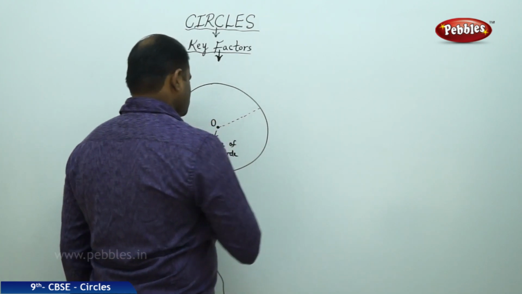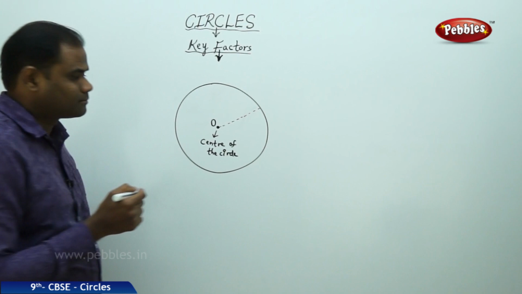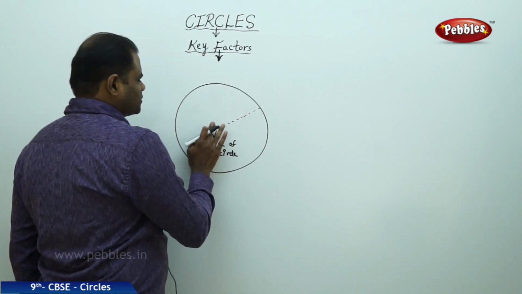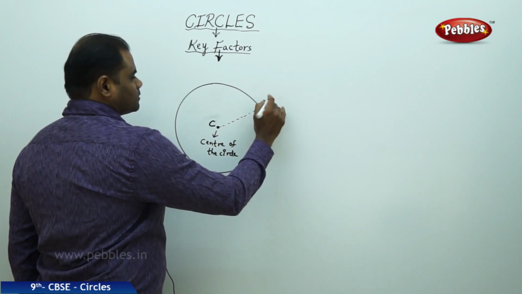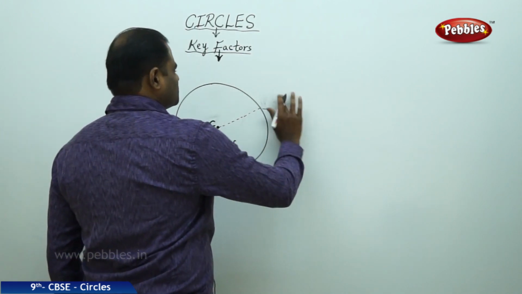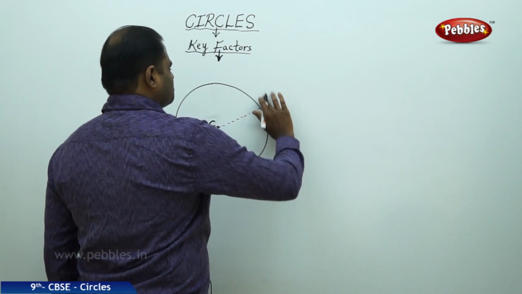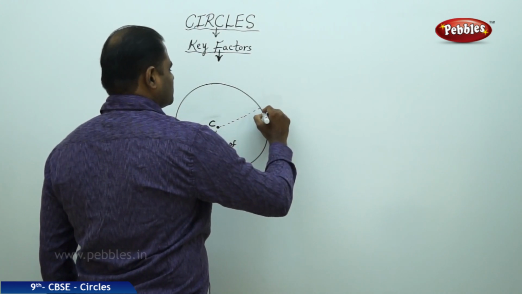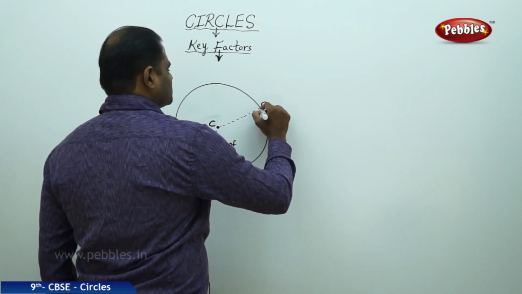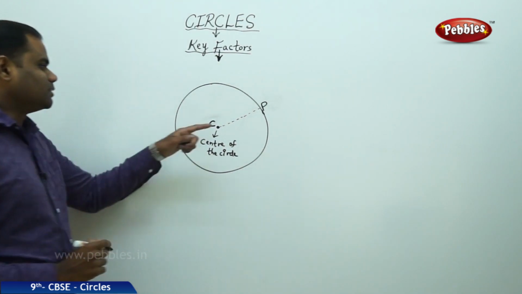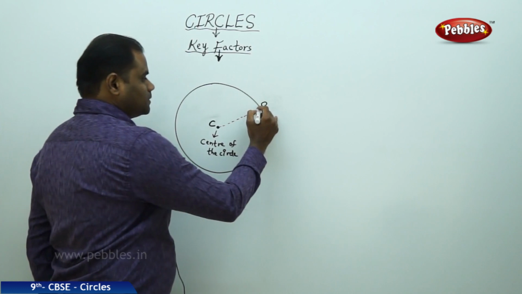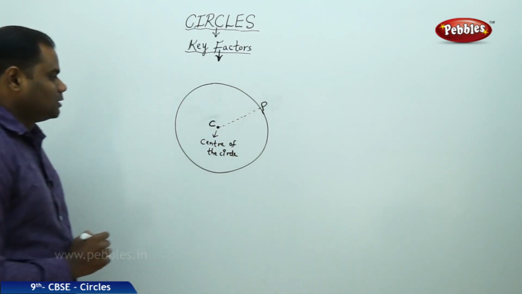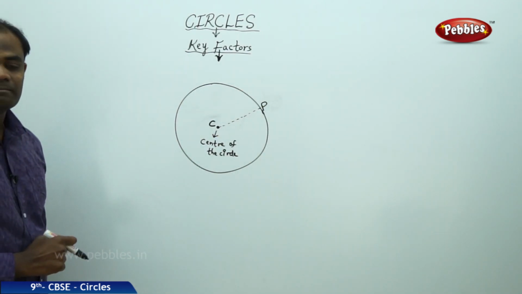The center is denoted by O or C, or generally I denote the center with C and my point on the circle is denoted by some P. So P is a point such that the distance from the center to one of the points of the circle is CP. So what is CP called?